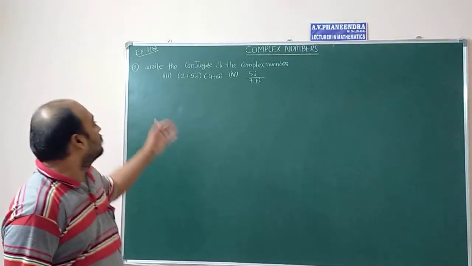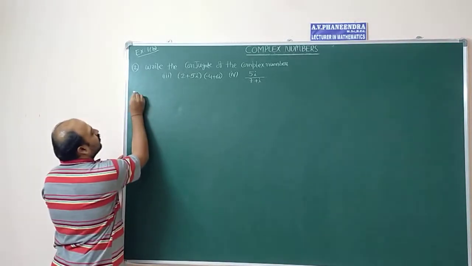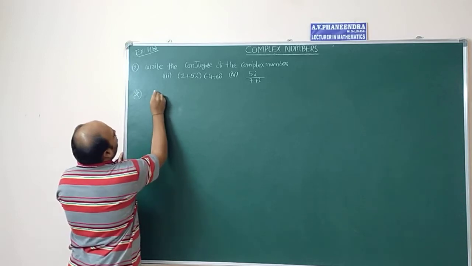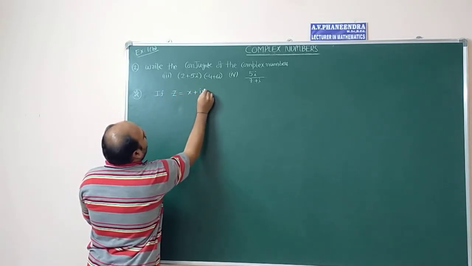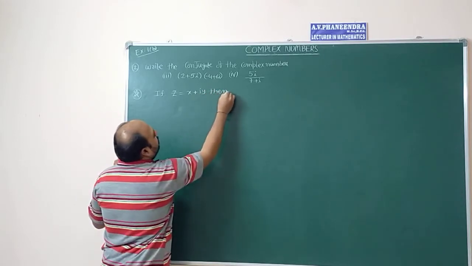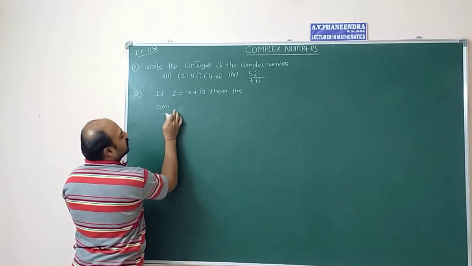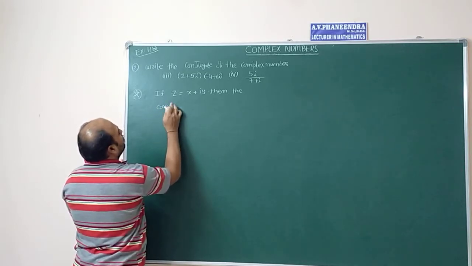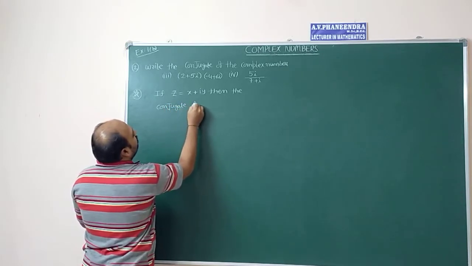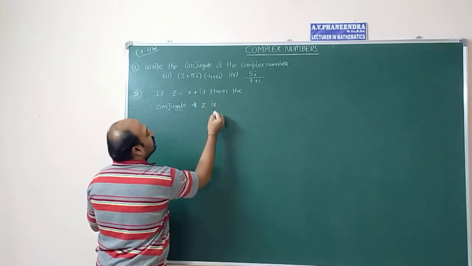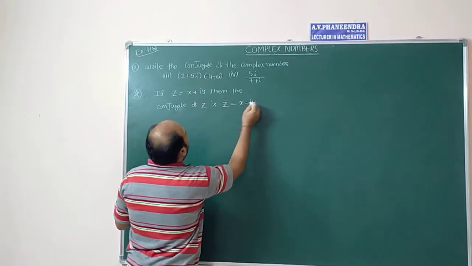Next, write the conjugate of a complex number. Before discussing conjugate, if Z is equal to x plus iy, then the conjugate of Z is Z bar, equal to x minus iy.